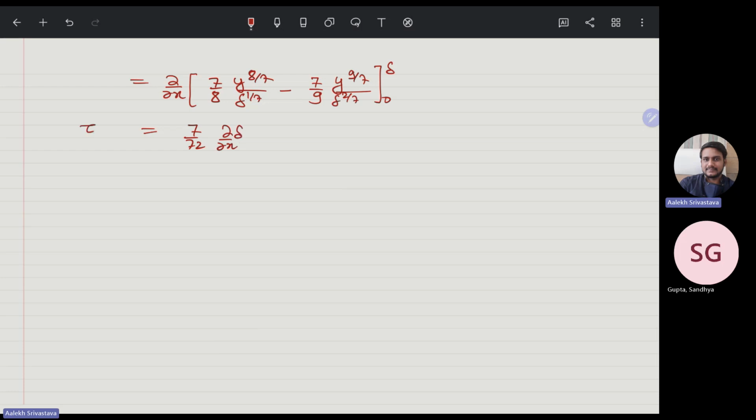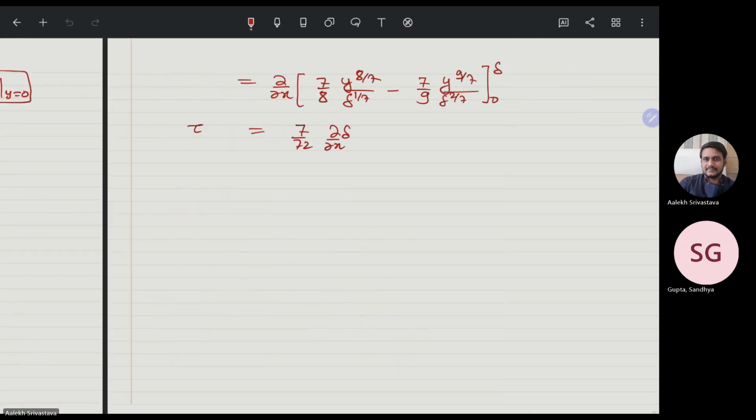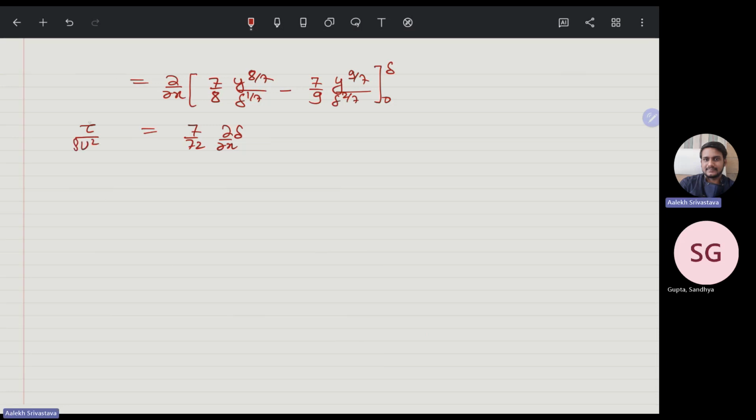This is tau by rho u square, and this term is given as 0.0225 mu by rho u delta raised to 1 by 4, which is equal to 7 by 72 d delta by dx.